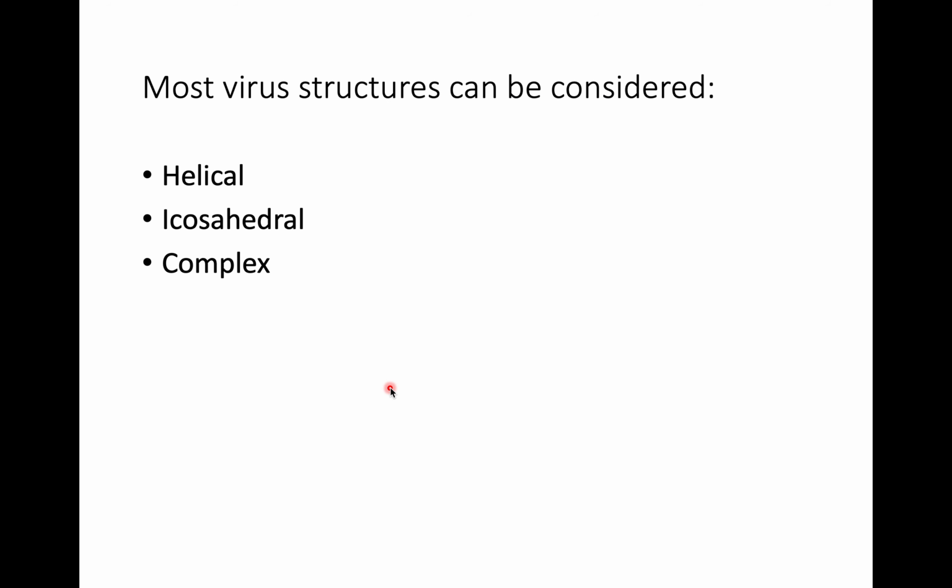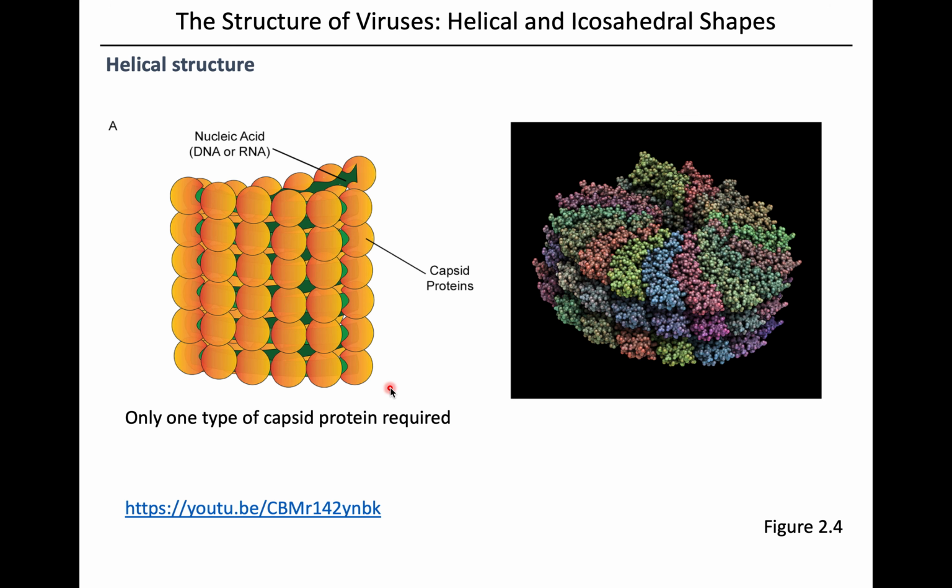Okay, so when we think about virus structure, the shape of these virions, it's really three common shapes: helical, icosahedral, or complex, which is essentially just everything that's not helical or icosahedral. So I just wanted to show you some of the basics of these three shapes.